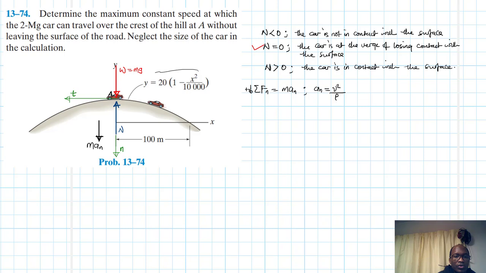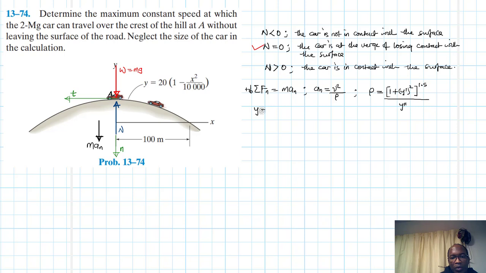And then we're going to use this to calculate our rho. Our rho, using the equation of the radius of curvature, is just equal to 1 plus y prime squared, everything to the power 3 over 2 or 1.5, then divided by the absolute value of y double prime.